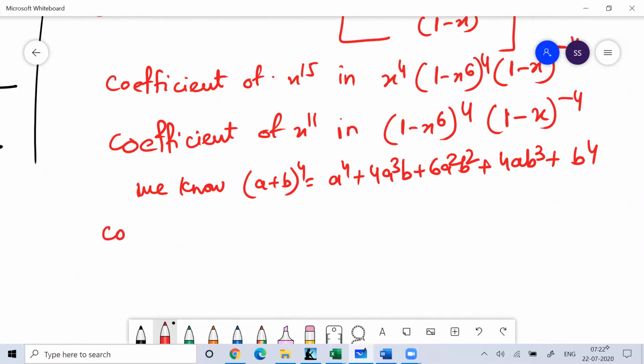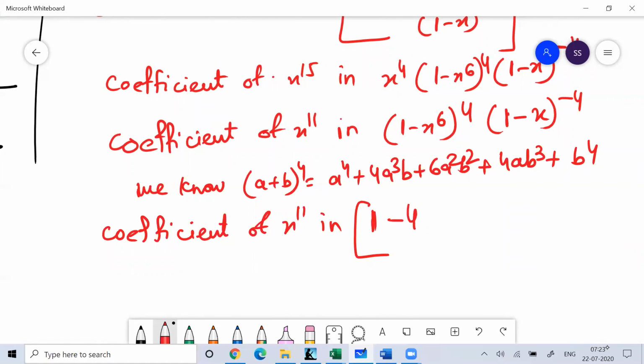So I need to search for the coefficient of x to the power 11 in a to the power 4 minus 4a cube b, with b odd here, then plus 6a square b square, where b square means x to the power 12.